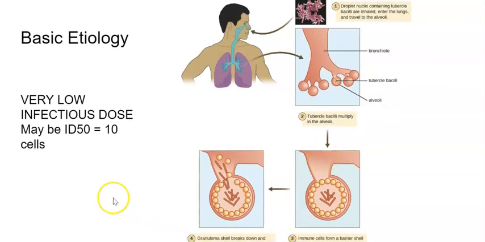Okay, so the basic etiology or progression of infection is that we inhale a respiratory droplet, and that droplet will contain the Mycobacterium tuberculosis, which in this slide, which is taken from your reading, it says tubercle bacilli, right? These are Mycobacterium tuberculosis. They're inhaled. They enter the lungs, and they travel through the upper respiratory tract into the deep respiratory system, the lower respiratory tract, and they make their way into the alveoli, which is the part of the lungs where we have these small grape-like sacs.